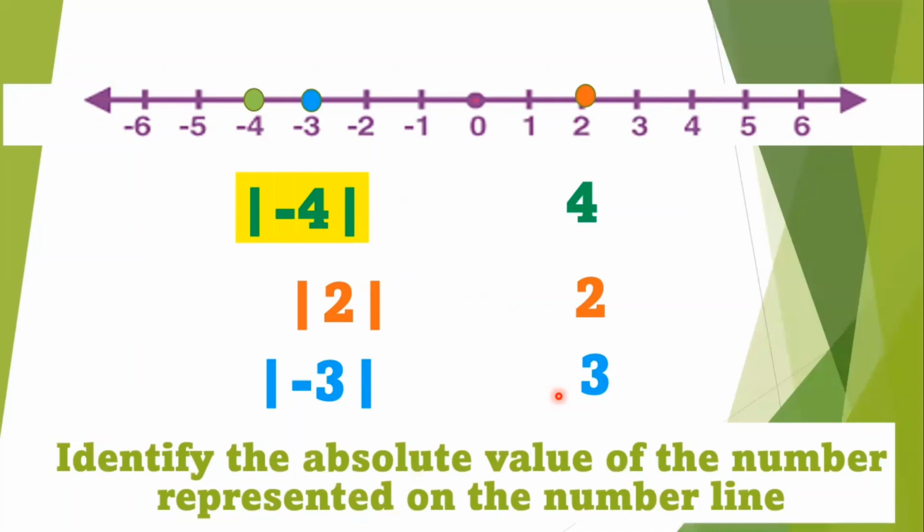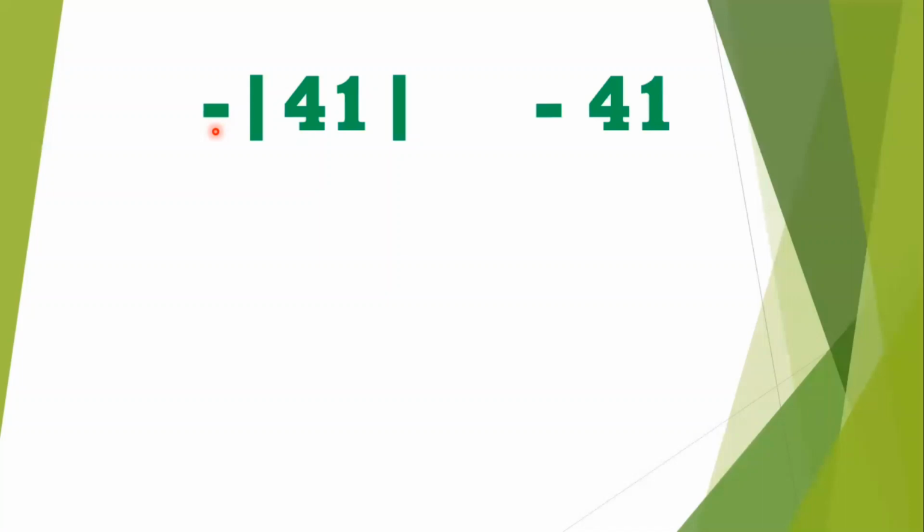Ayan. Okay, next. Dito naman, kung napapansin nyo, we're going to discover what if we have the absolute value of the number tapos mayroong negative sa labas. We read this as the negative absolute value of positive 41. What will be the answer? The answer is negative 41.